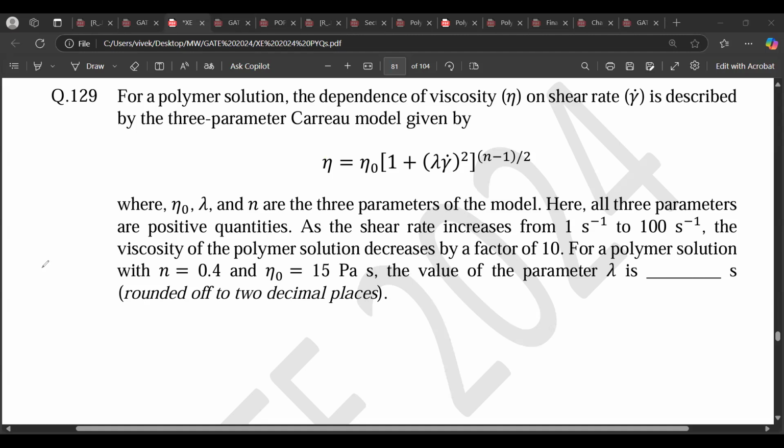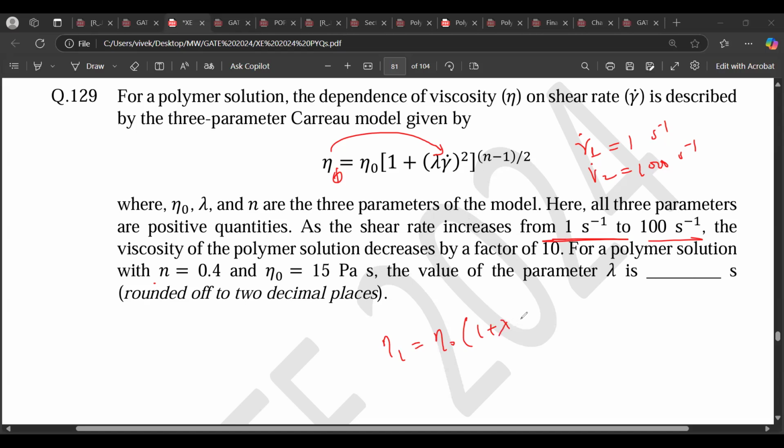So yeah. Simply the idea here is if there are two different gamma dots given, gamma dot 1 and gamma dot 2, of course in per second, remember, then you can write eta 1 and eta 2 because eta is directly a function of gamma dot, right? So eta 1 equals eta naught 1 plus lambda.